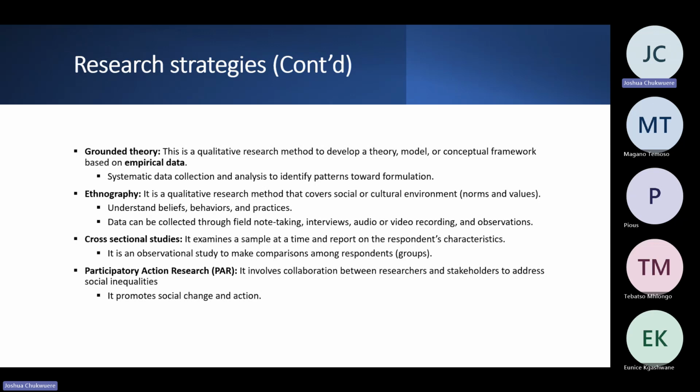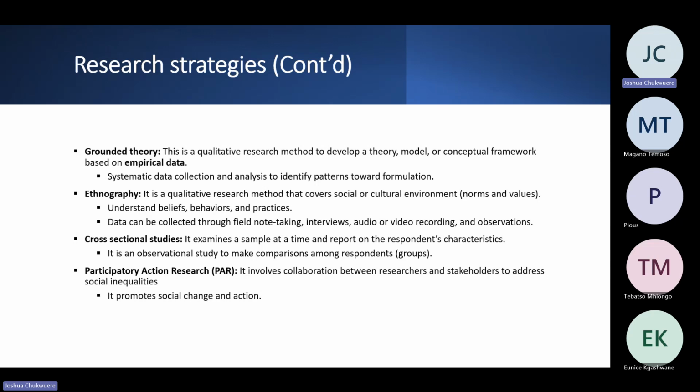Okay, we have participatory action research, which involves a collaboration between researchers and the stakeholders to address social inequalities. In this kind of study, the stakeholders are part of it, in the sense that they are able to assist even at the time of formulating the study, towards bringing a social change in the society.